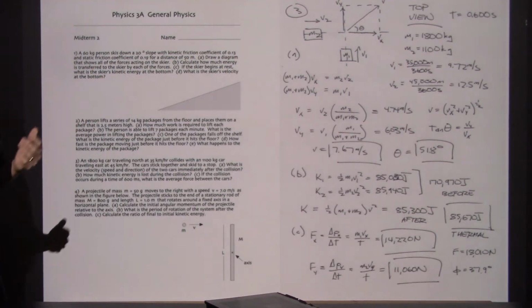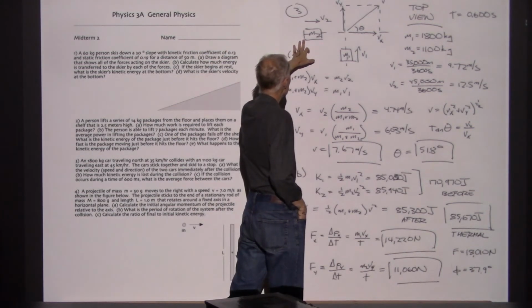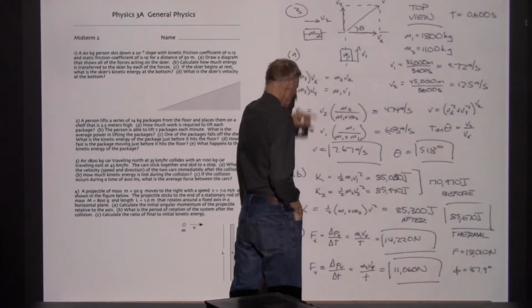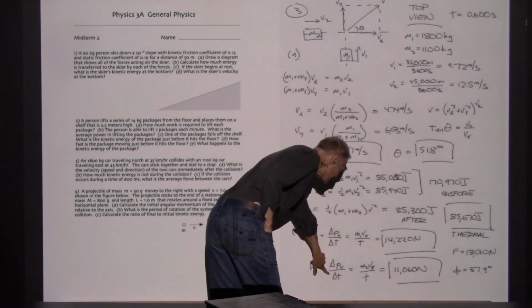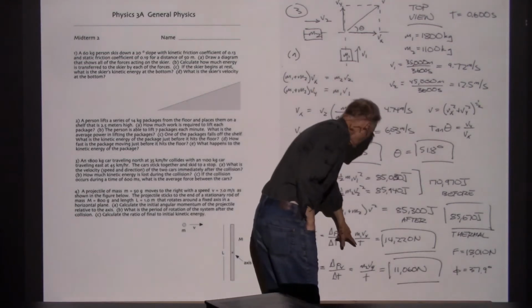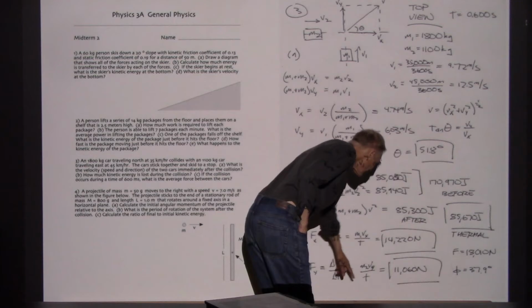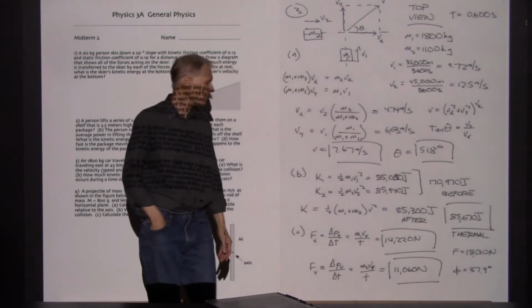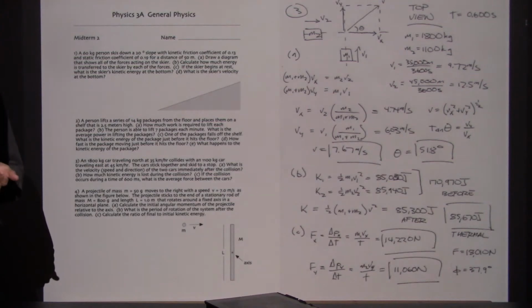Now, how much force would that be? The force that car 2 experiences, pushing it in the Y direction, would be delta Py divided by delta t, specifically for car 2. So I'm going to do m2 Vy divided by t, and that works out to be 11,060 newtons. Again, the force is acting on both the cars.